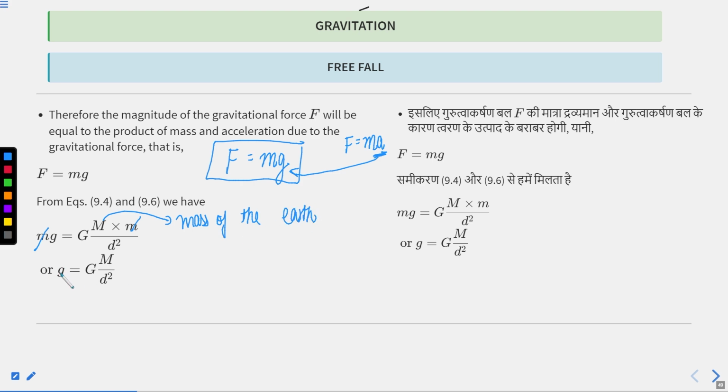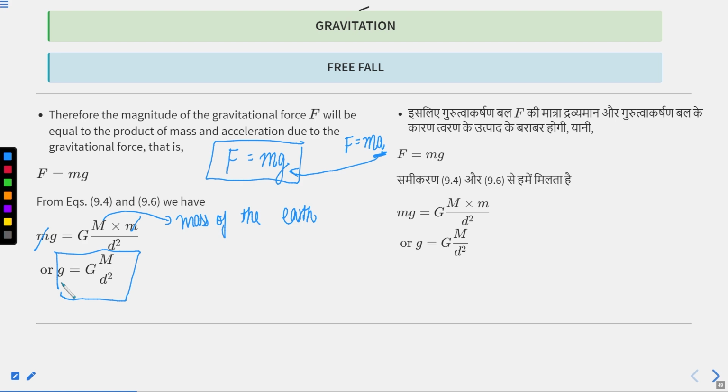So the value of small g depends on the mass of the earth and is independent of the mass of the object. It means the value of gravitational acceleration does not depend on the mass of the object.